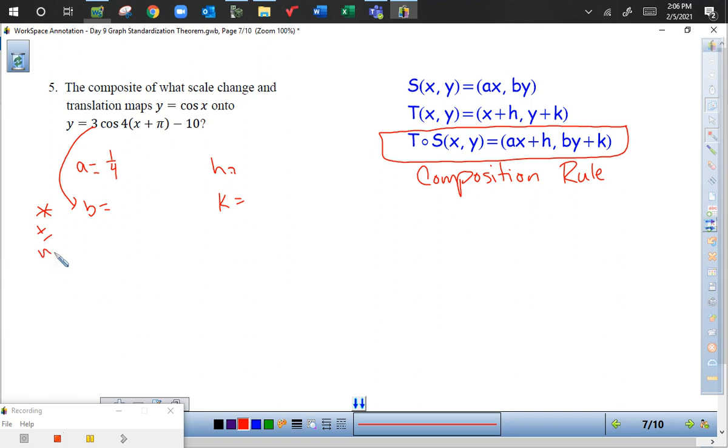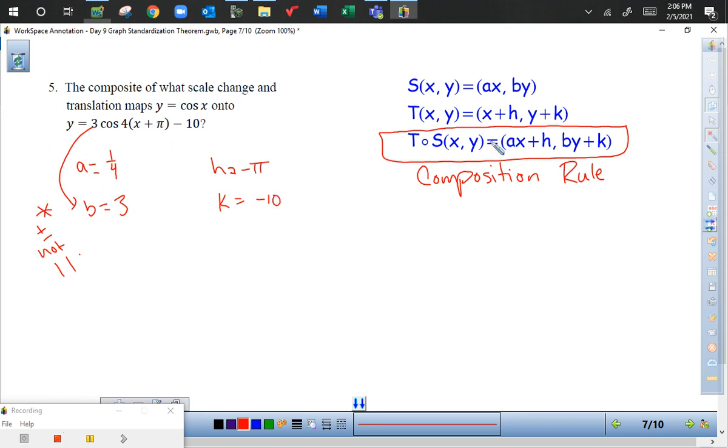It's not absolute value, because the absolute value is only used when talking about the amplitude. So if you see a negative, it's going to stay negative for a problem like this, because we're just saying what B is. We're not saying what the amplitude is. So +3 here. H value, we're switching the sign, -pi, and K is our -10.